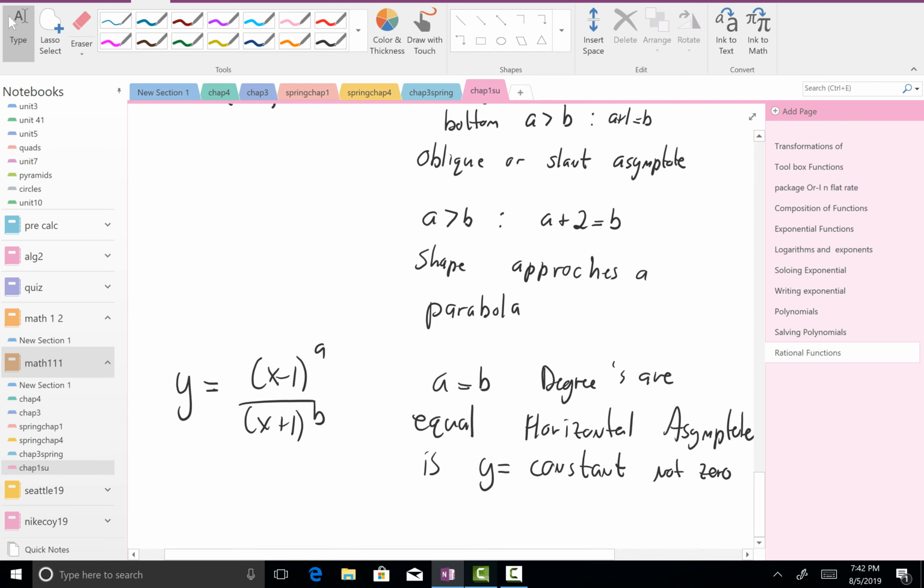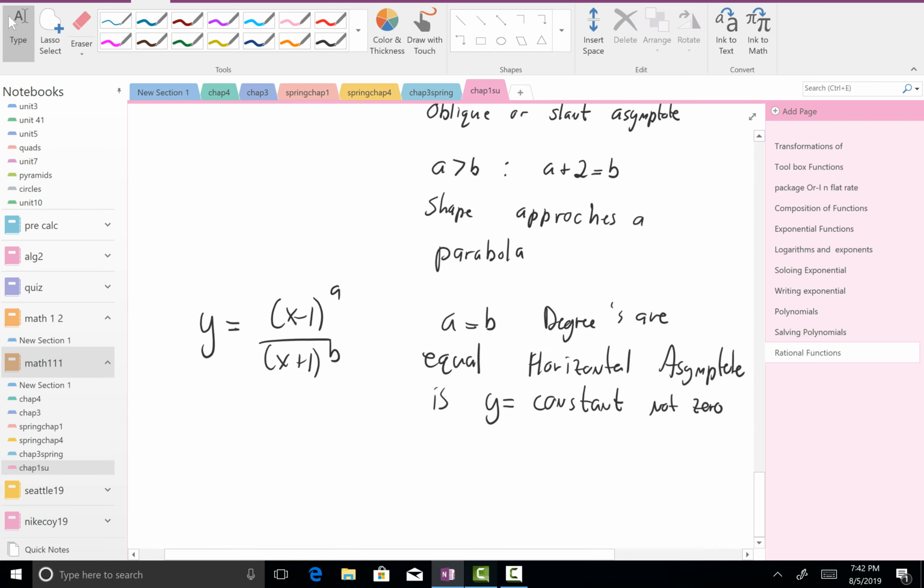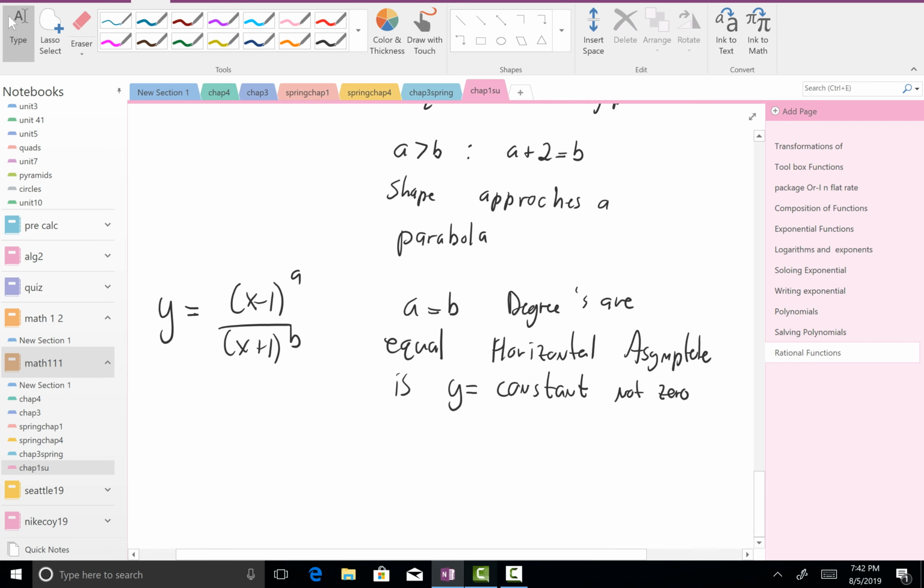So if the degrees are the same, we're going to get a horizontal asymptote where y is equal to some number but not 0.